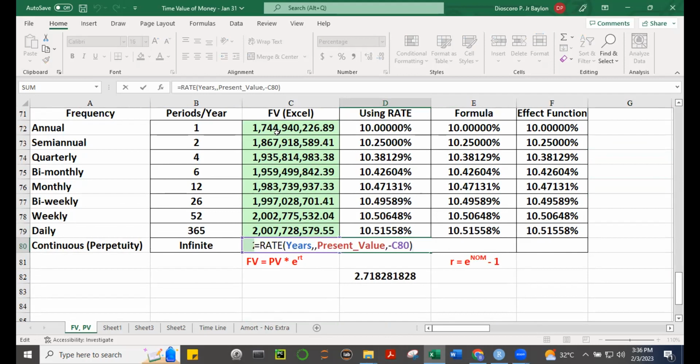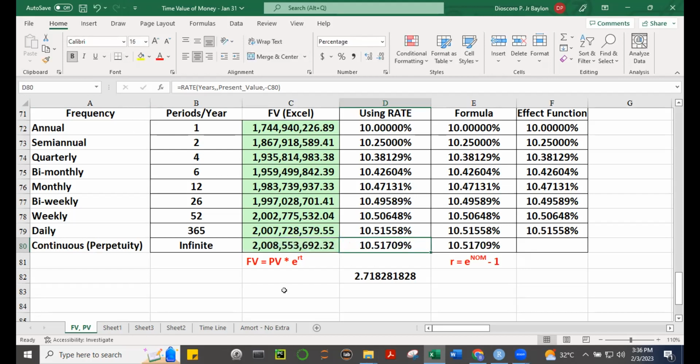And then we have the present value, which is 1 million, and they differ in the future value. Of course, if the future value is greater, then definitely the rate will be higher. So, was that you, Gerard? Yes, sir. Okay, good. Thank you for that question.